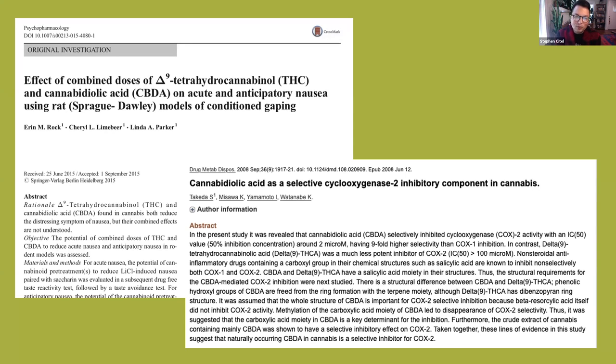And this study was confirming that CBDA plus THC was really good at preventing this kind of gaping response in these rodent animals. And anecdotally, we have a lot of good reports, at least from people receiving chemotherapy, who are really benefiting from the acidic forms for their chemotherapy-induced nausea, which I think can be appreciated in our animal friends as well.